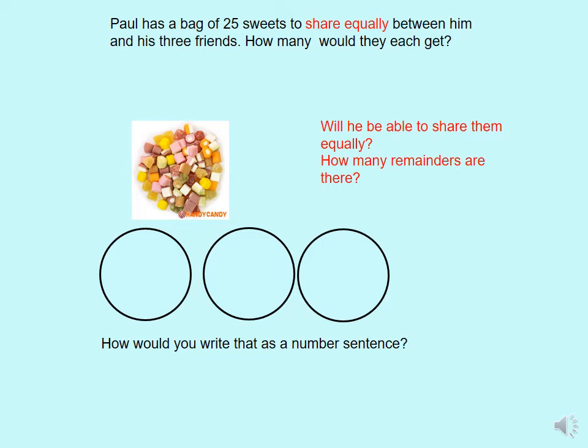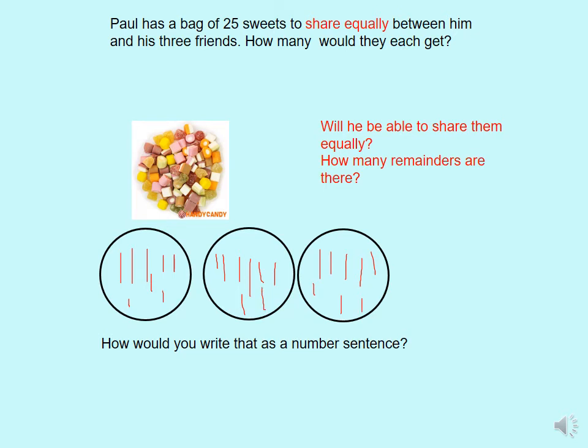Okay, so let's try and share these out equally. So we've got 1, 2, 3, 4, 5, 6, 7, 8, 9, 10, 11, 12. They're all equal at the minute. 13, 14, 15, 16, 17, 18, 19, 20, 21, 22, 23, 24.